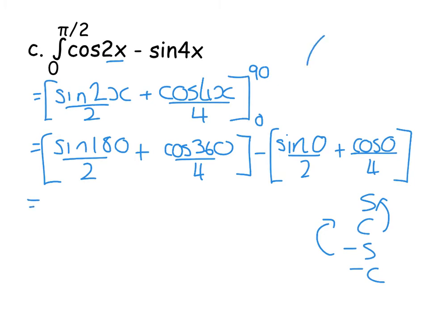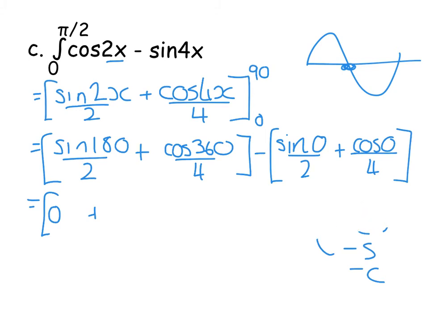Okay, sine graph. Sine of 180 is 0. So the first term is just 0. Your cos graph, if I squeeze it down here, cos of 360 is 1. So you've got a quarter.